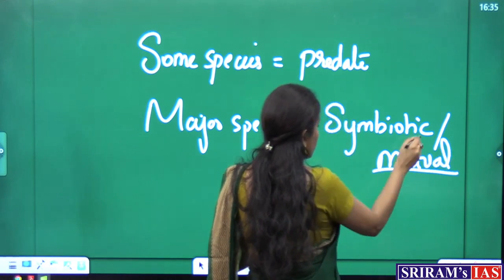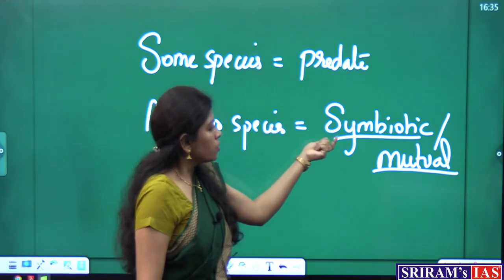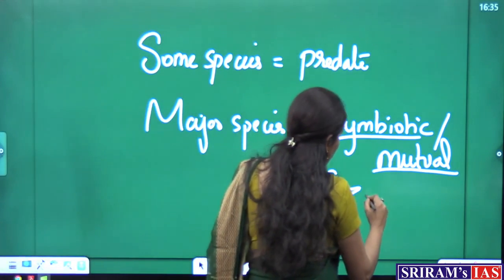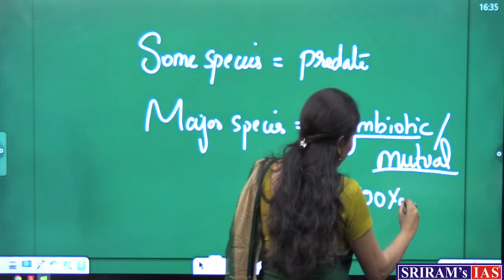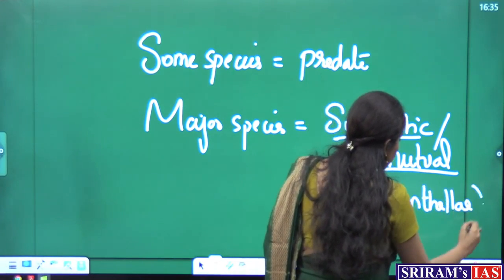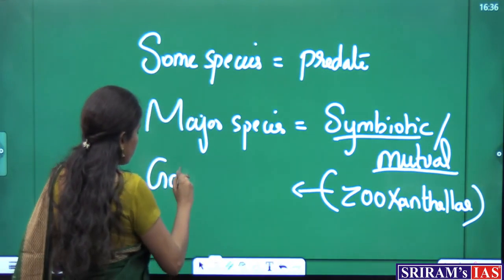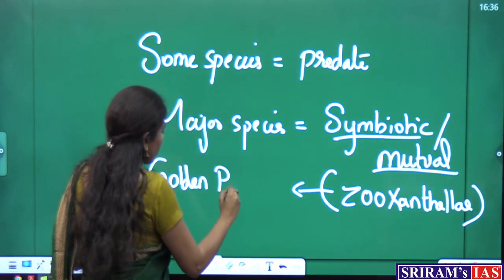In the interaction section, I would have definitely discussed this mutualism topic. So they enter into a mutual relationship with zooxanthellae. It is also called golden brown algae, but it is not algae.